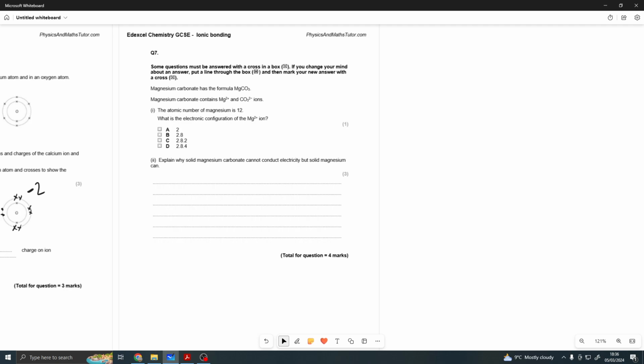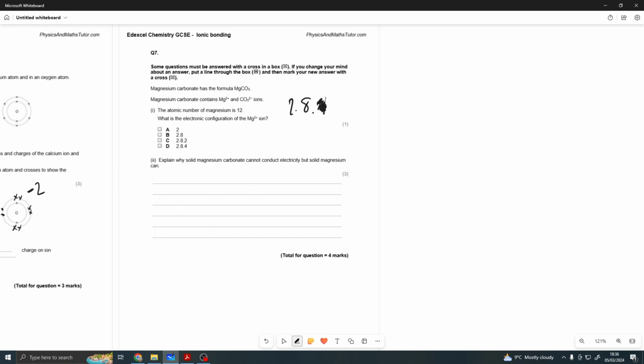We have to talk about magnesium carbonate, which has the formula MgCO3. This contains Mg2+ and CO3 2- ions. The atomic number of magnesium is 12, so it's 2.8.2. What is the electronic configuration of the Mg2+ ion? As you know, those 2 are going to go away.